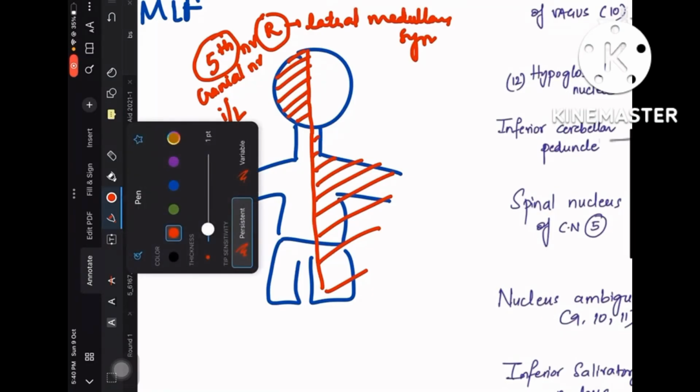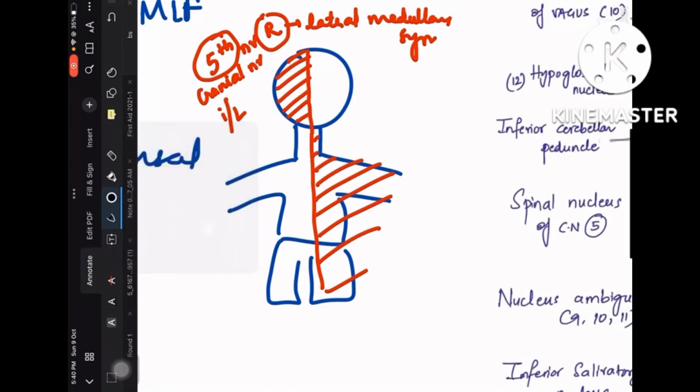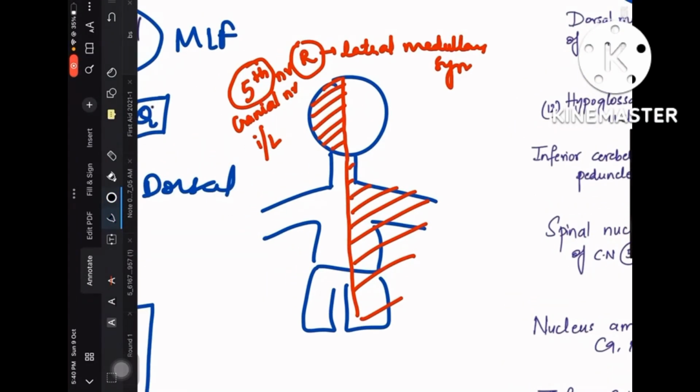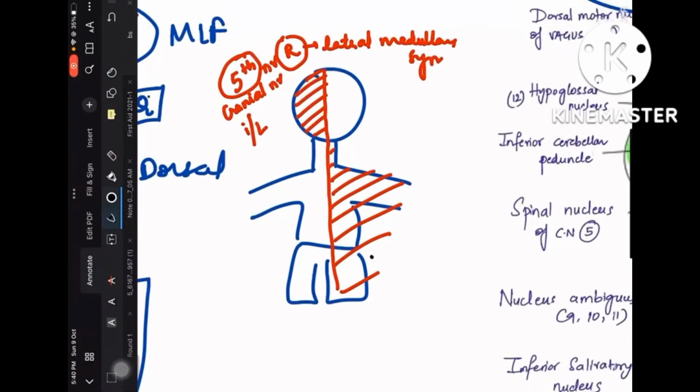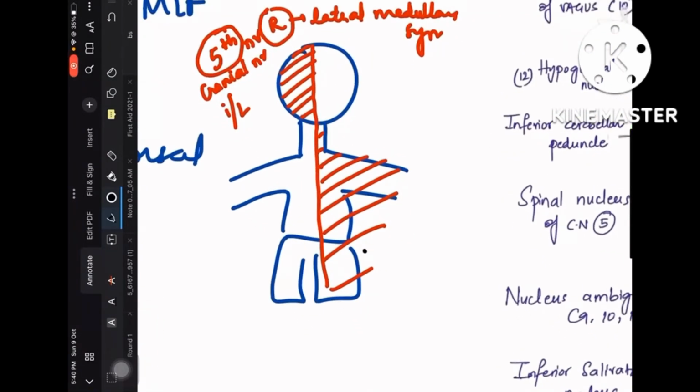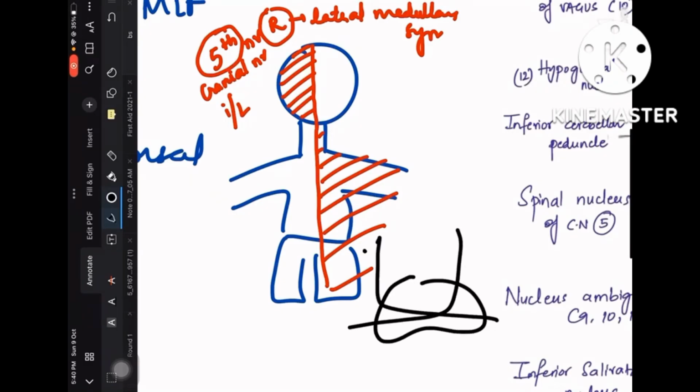The lateral spinothalamic tract starts from C. It crosses at the spinal cord level. I have already told you that the lateral spinothalamic tract crosses. So whenever there is a lesion on the right side, the left side of the body is affected.